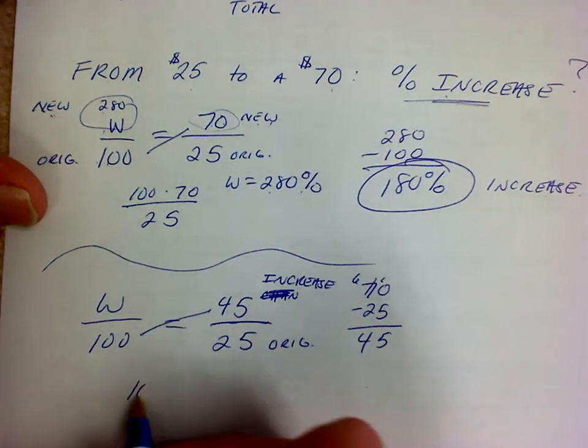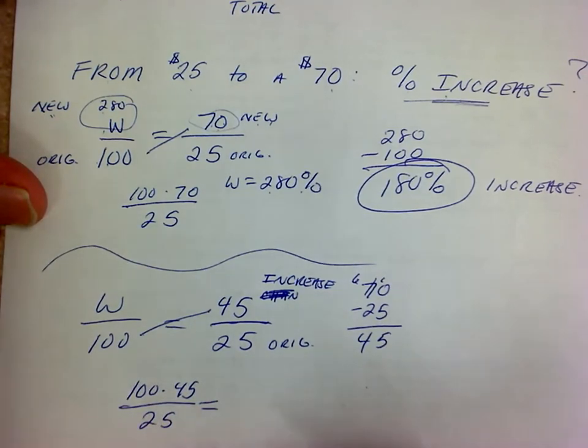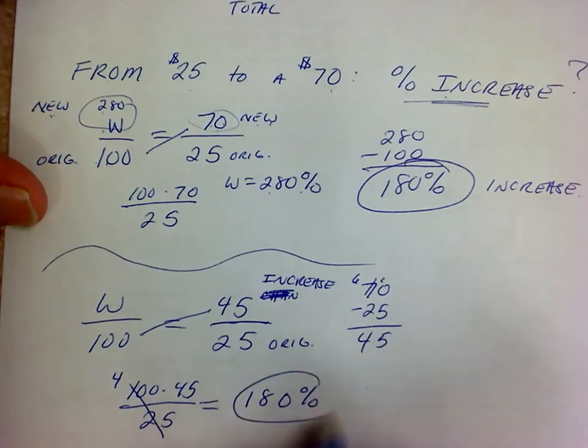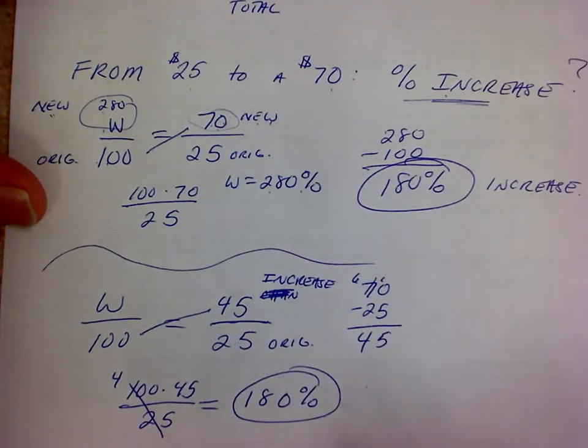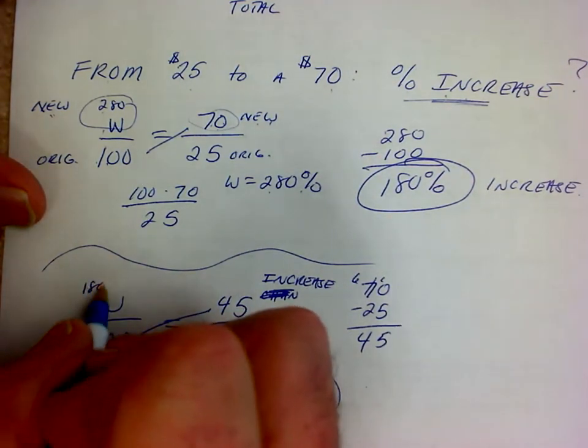Solve your proportion. 100 times 45 divided by 25, we get 180. Okay, is that the answer to our question? And the answer is yes.